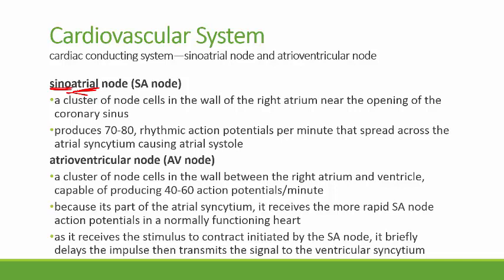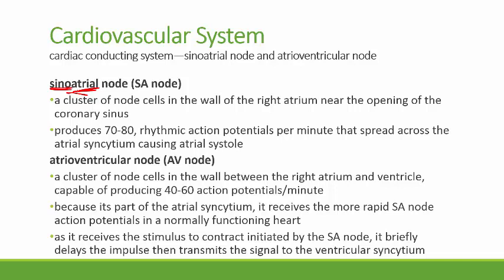There's a second cluster of node cells also in the wall of the right atrium. It's in that separating wall between the right atrium and the right ventricle. It produces a little bit faster rhythm of action potentials. They're also very rhythmic.